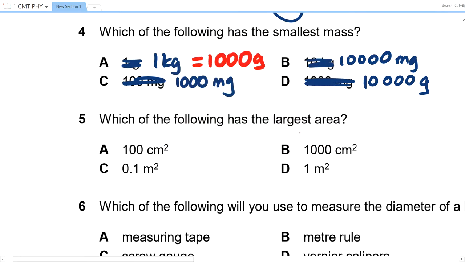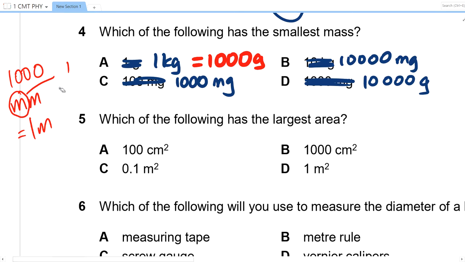Milli refers to 1 over 1000. Right? Millimeter. We've got 1000 millimeters equals 1 meter, isn't it? This little m refers to 1 over 1000, just like milligrams. It is 1 out of 1000 of a gram.